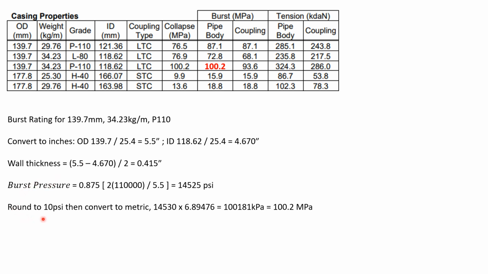We round that up to the next 10 psi and then convert it to metric by multiplying it by 6.89476, and the result is 100,181 kPa or 100.2 MPa. That's our result for the burst.